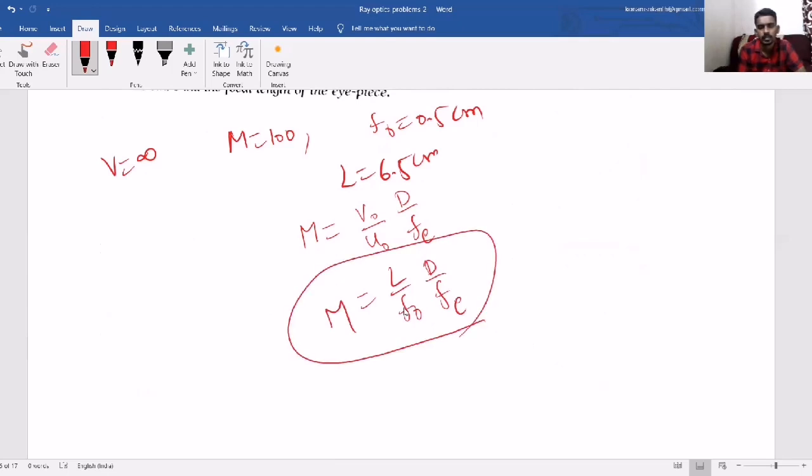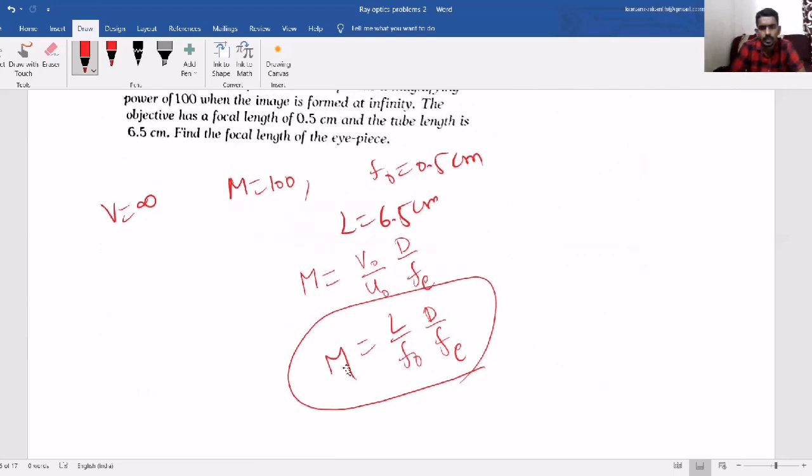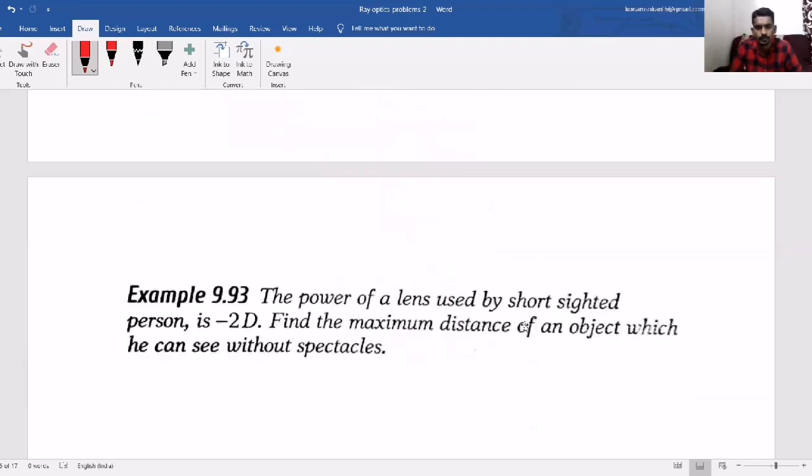Now the L value is given, the D value is 25 centimeter, the M value is given, the F0 value is given, so you can find the Fe value. This way they can ask you, and they will mention the condition whether the final image is at D or at infinity. Depending on that only you have to take the formula, and depending on that only you have to solve the question.